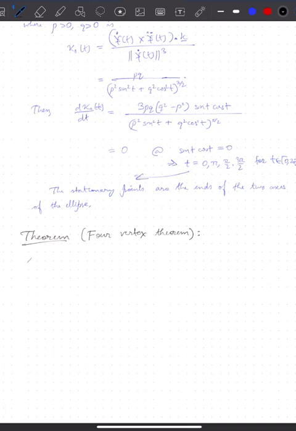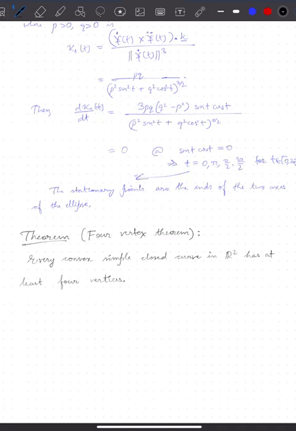It states that every convex simple closed curve in R2 has at least four vertices.